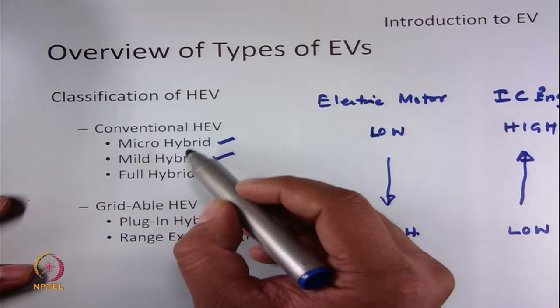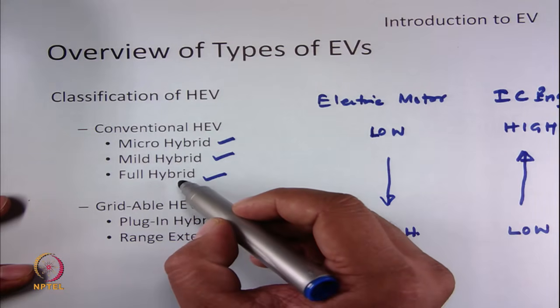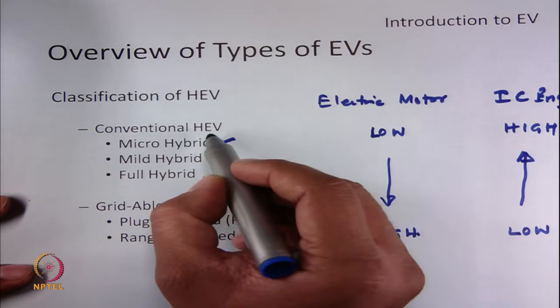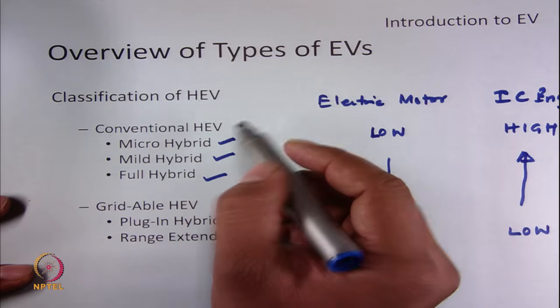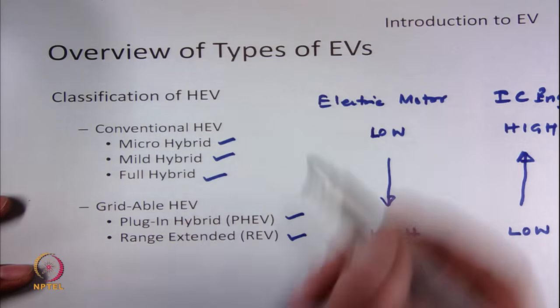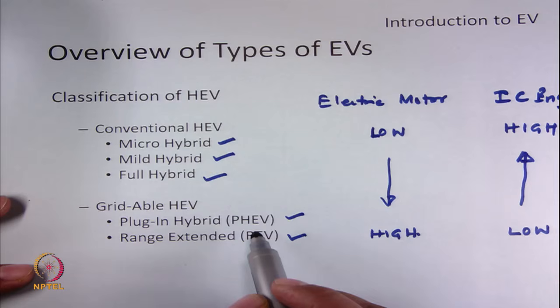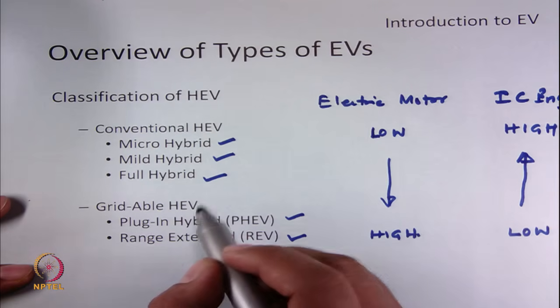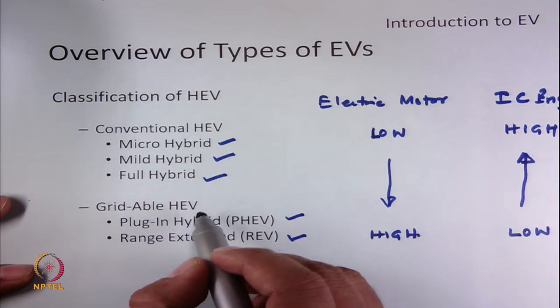So, micro hybrid, mild hybrid and full hybrid are clubbed and known as conventional hybrid electric vehicle, while plug-in hybrid or PHEVs and range extended hybrid, which is known as REV, are clubbed under chargeable HEVs.